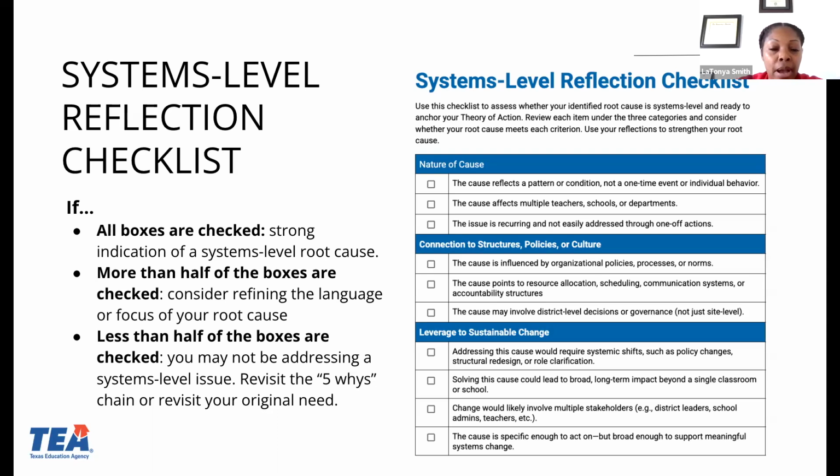If more than half of the boxes are checked, you may want to consider refining the language or the focus of your root cause so that it is more systems level. If less than half of the boxes are checked, you may not be addressing a systems level issue, and we would encourage you to revisit the 5 whys. I don't think that'll be the case with either of these groups, but this is how to use the checklist. Can we go to the next slide, Alex?